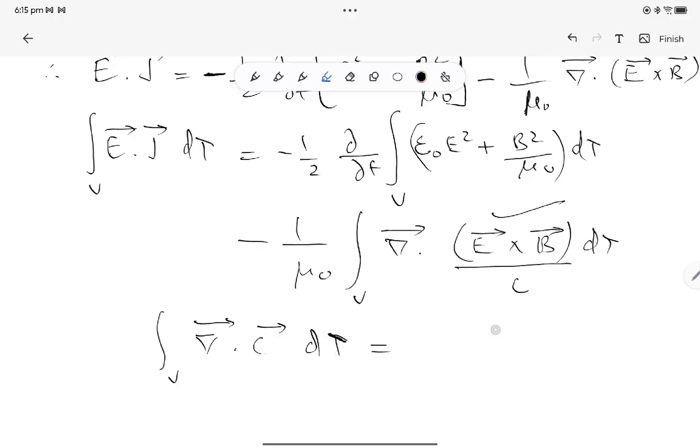According to Gauss's theorem, this is the divergence of C on one side and the flux of C on the other side. Flux of C is C dot dA.